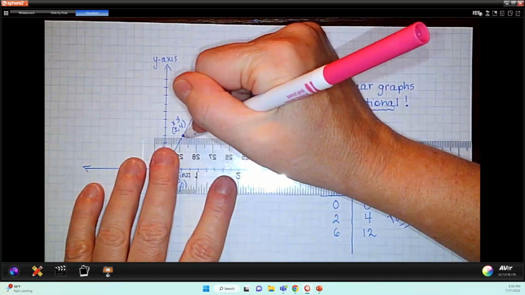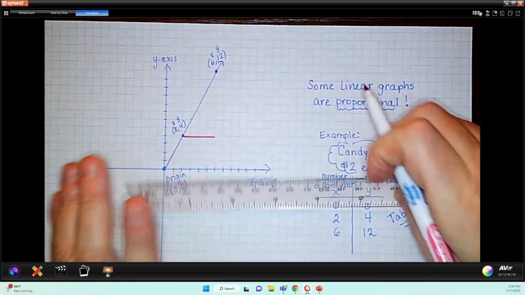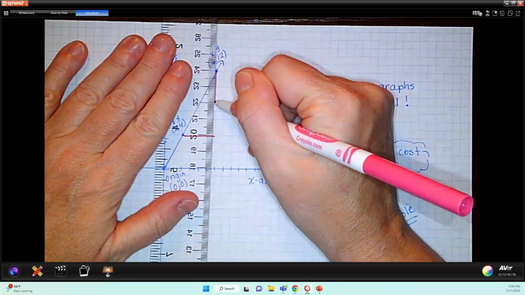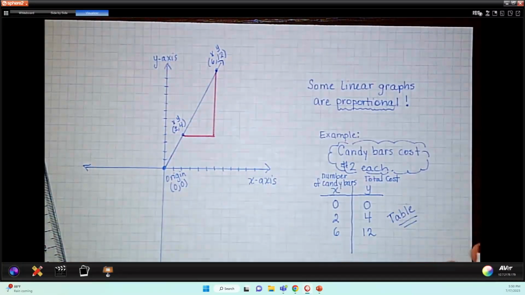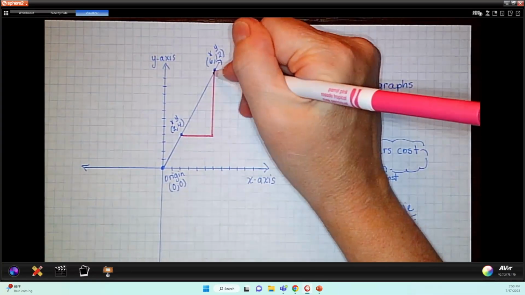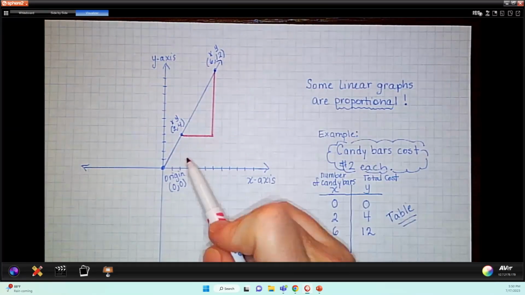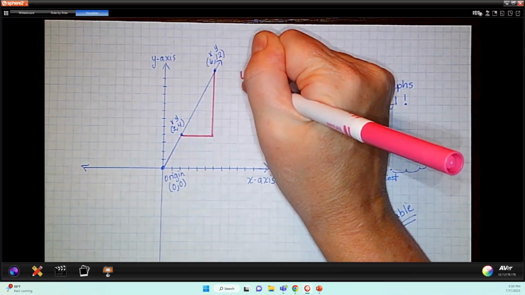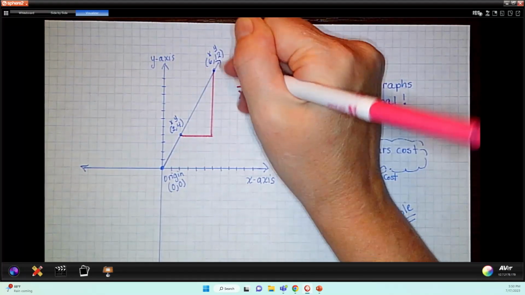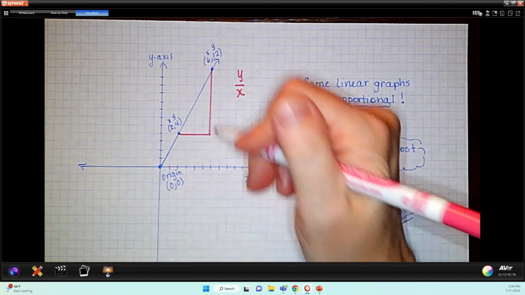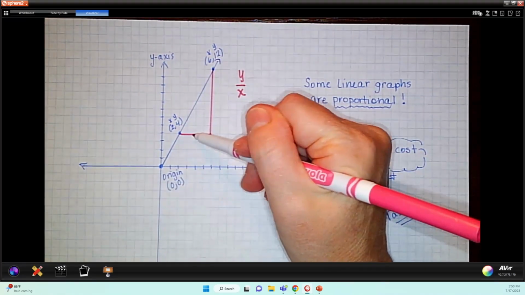And you'll see that when they do this, it forms a right triangle. And then once they have this right triangle, then we can calculate the height of the triangle over the base of the triangle. So we like to think of this as the y over the x, the height of the triangle over the base of the triangle, and we're going to calculate by counting 1, 2, 3, 4.